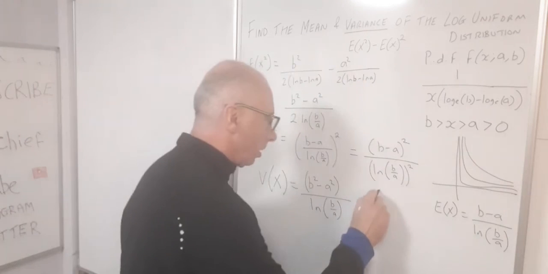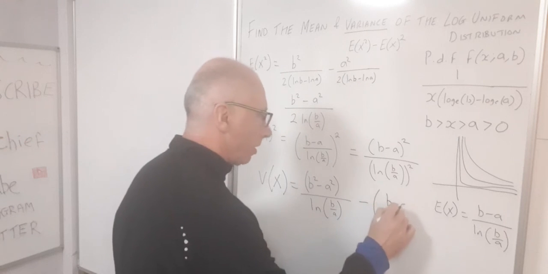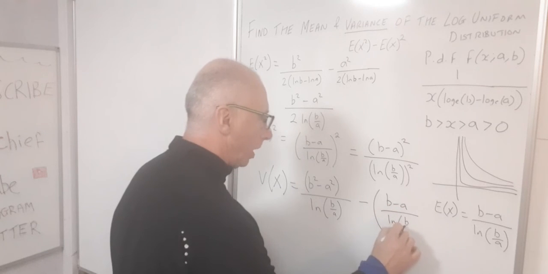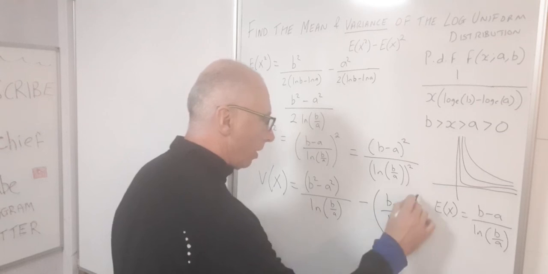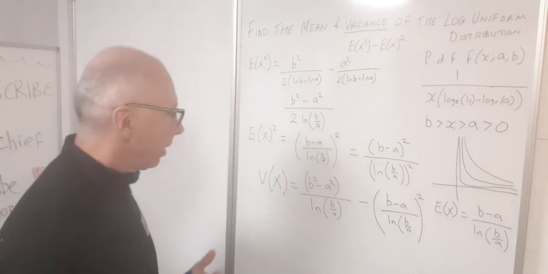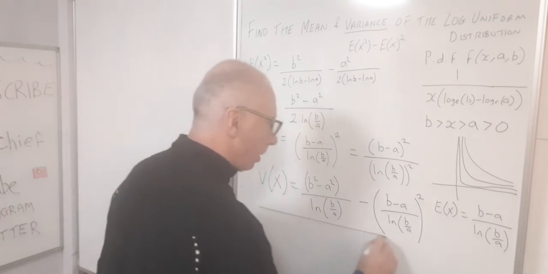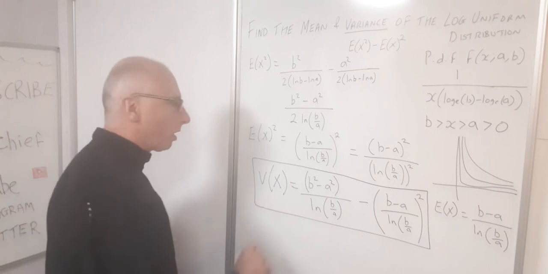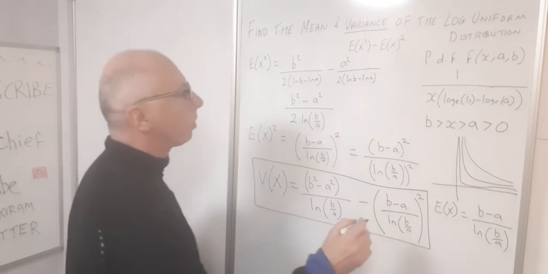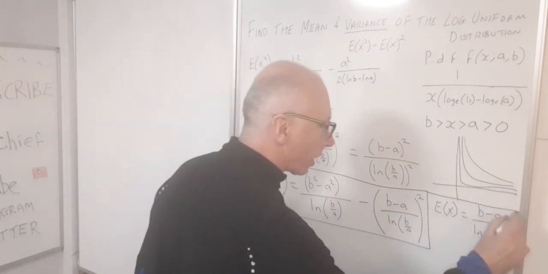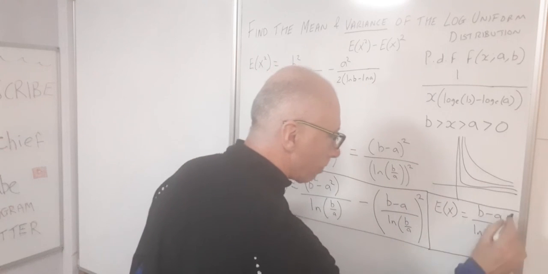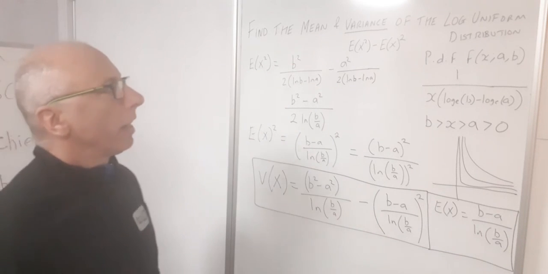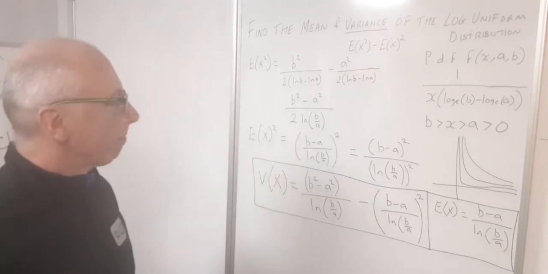So that's minus b minus a divided by the natural log of b over a, and all squared. Okay, so that's going to be my declaration for my variance. And this I'm going to call my expectation. So that's my mean. So that's my two solutions for the log uniform distribution.